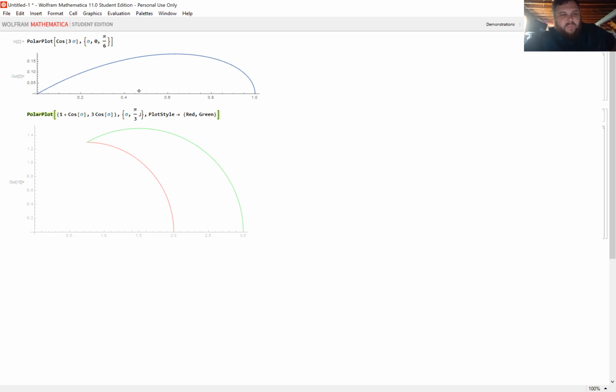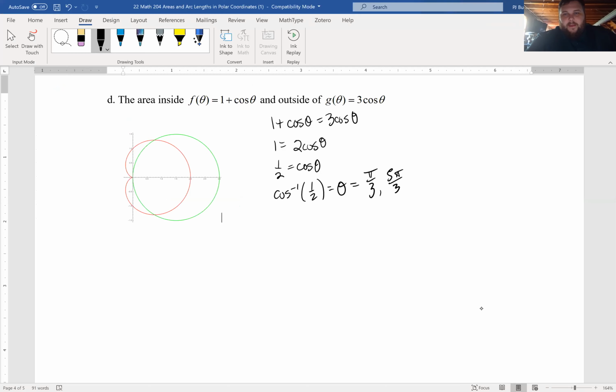So remember that we were talking about the origin here, or the pole. So when does f of theta equal 0? So that's when the cosine of theta equals -1, or when theta is the inverse cosine of -1.